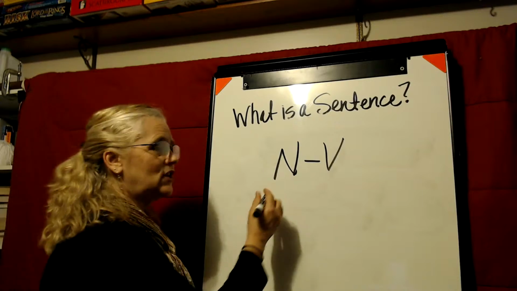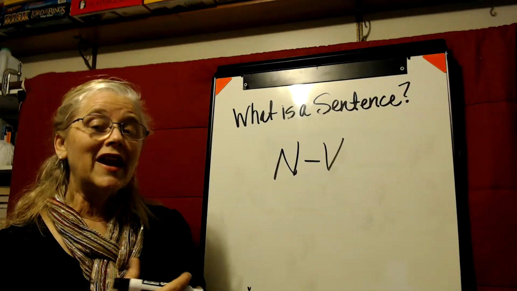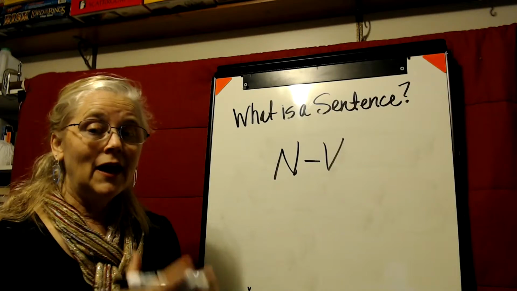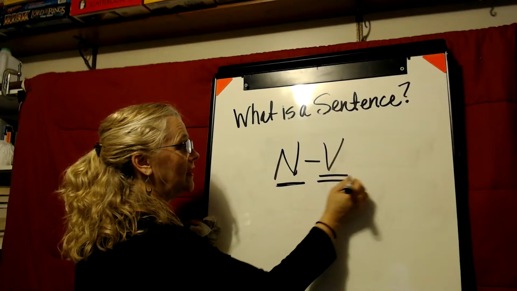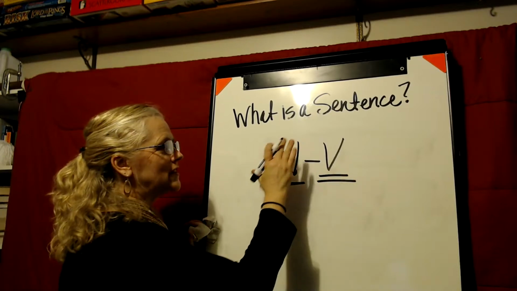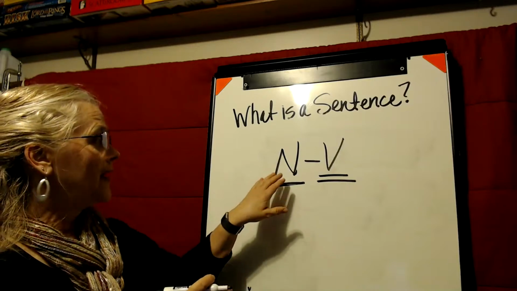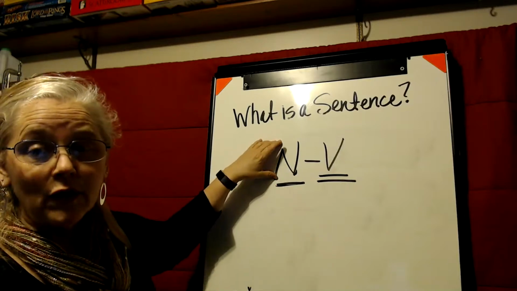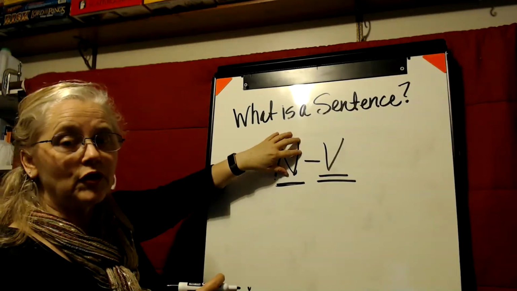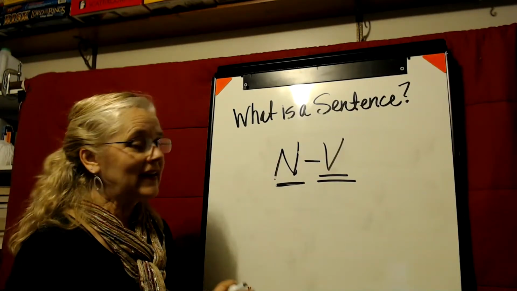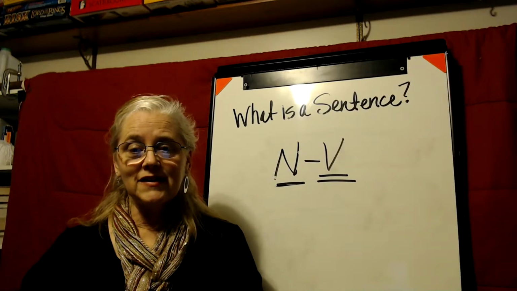Just as you can have other adjectives, you can have adverbs, you can have prepositional phrases, but the basic elements in that sentence would be a subject and a verb. And the subject depends on what grammar book you look at, but it will be called either a noun or the subject. And the subject is a noun or noun phrase. So that is our most basic elements of a sentence.